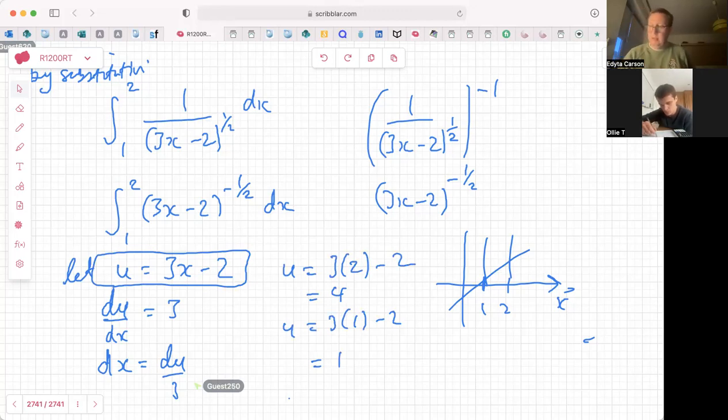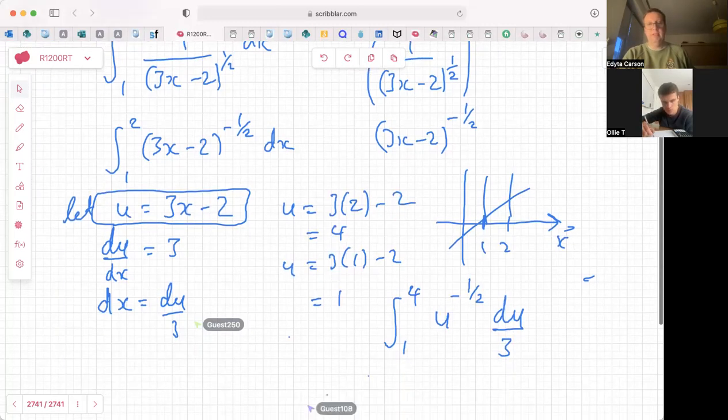The new integral will be 1 to 4, because they're the new limits in this new world of u. U to the minus 1/2, because we changed 3x minus 2 to u. Du over 3, because we changed the dx to du. Now it's all completely changed in terms of u. The limits have changed, the function's changed, the little bit of x has changed to a little bit of u.